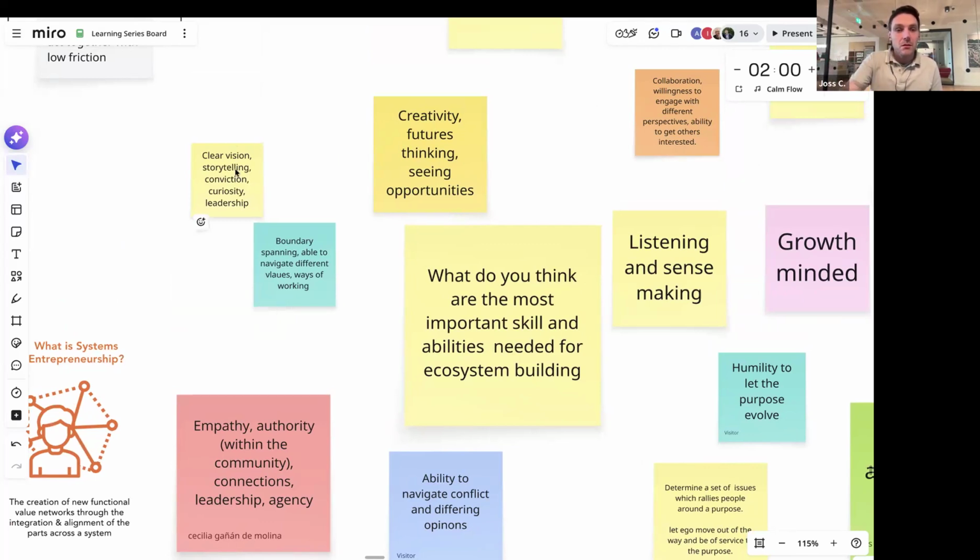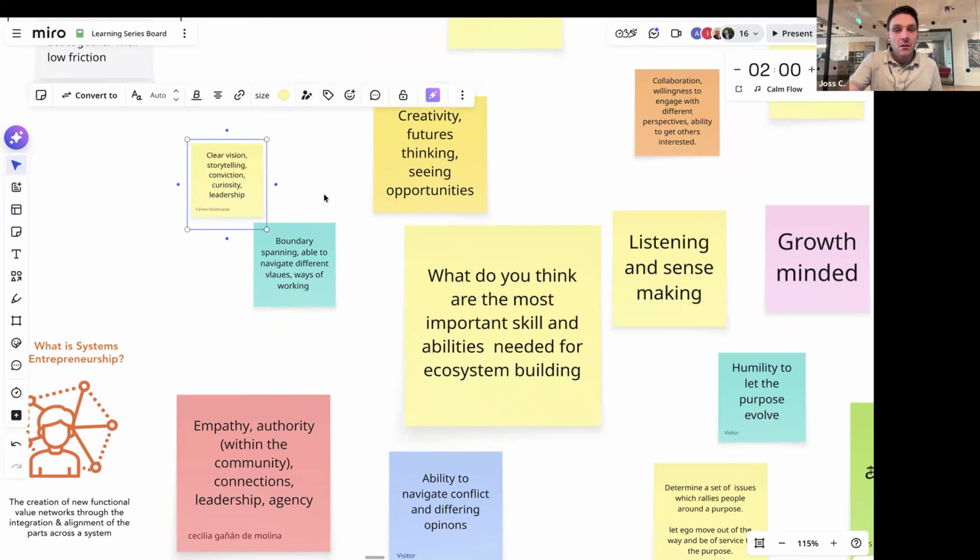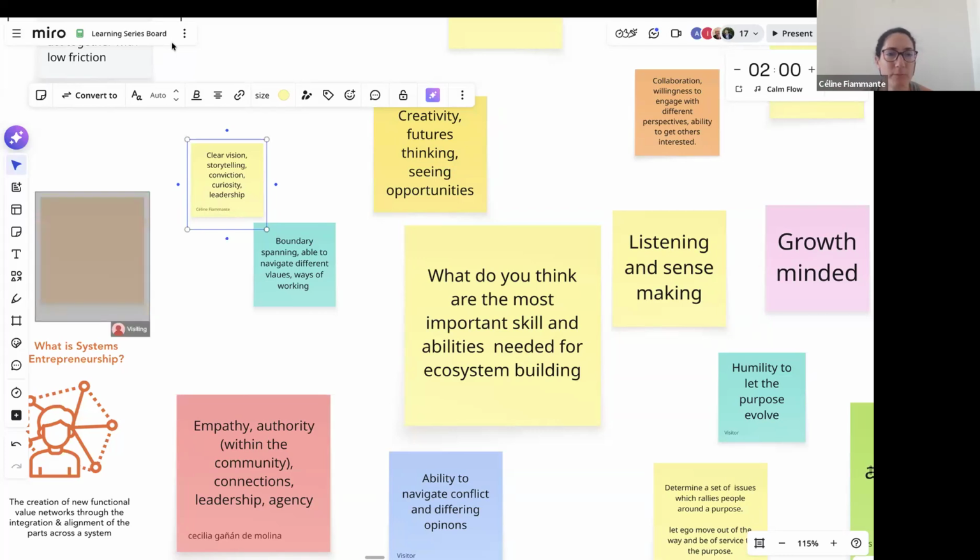Anybody want to talk about this? Sudhi? Yes. For me, I'm thinking about how you start it. So you need to have obviously a clear vision because you need to know where you want to go if you want to bring people with you. So for me, it's the first one, and also the conviction.